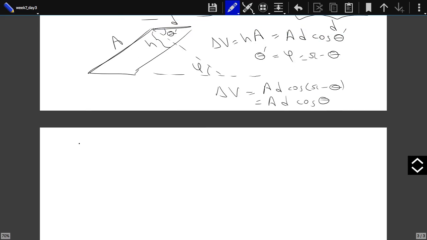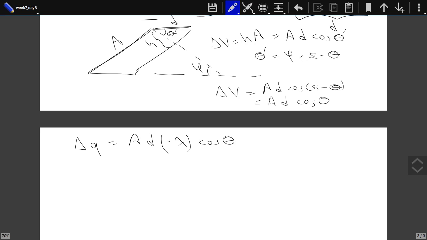The charge, A times D times, well, plus or minus lambda, times cosine theta. Well, in fact, if you just allow theta to be an angle between 0 and 180, cosine theta takes care of this plus and minus sign.